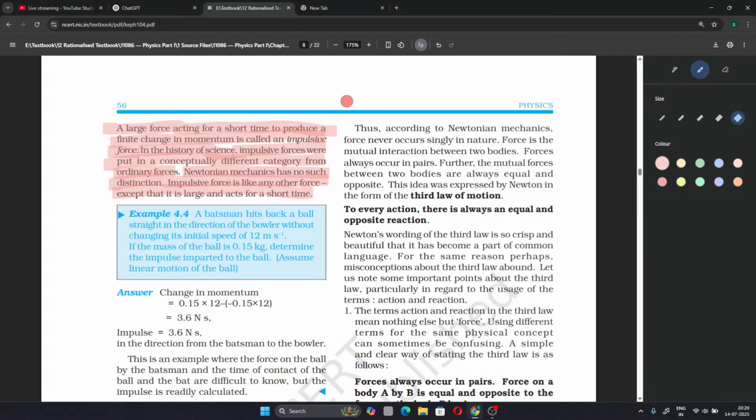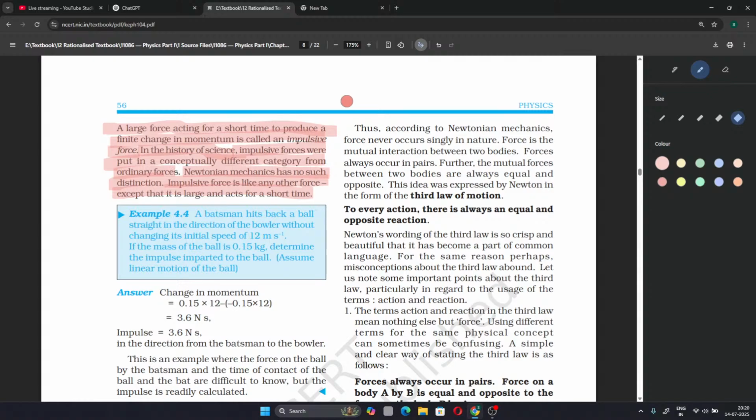In ancient times, they used to separate these two forces into two distinct categories.